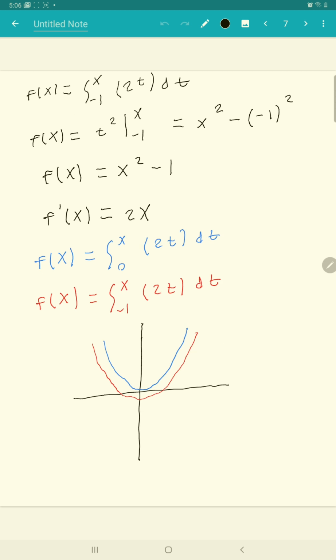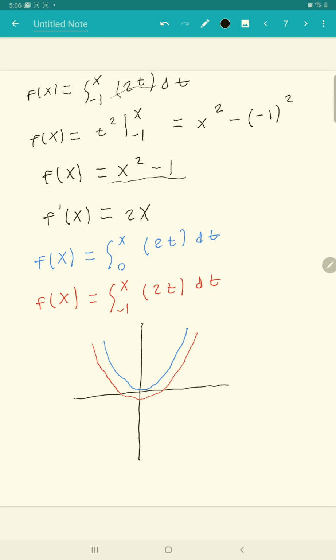So here I did a lower bound of -1. When we take the antiderivative of the function inside of the integral, we get t squared, and if we plug in x and -1, we get x squared minus 1. And when we take the derivative of that, the minus 1 is irrelevant because the derivative of a number is 0, so it doesn't matter.